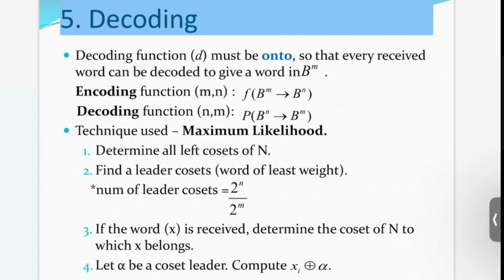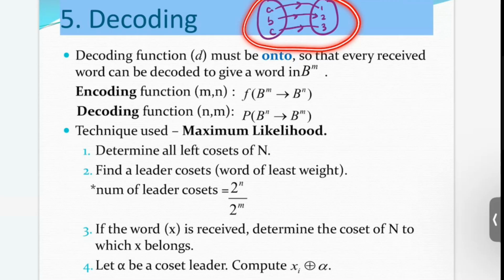Say you have A, B, C and 1, 2, 3. All these are mapped from the domain. So in this case, this function is one to one and onto, right?